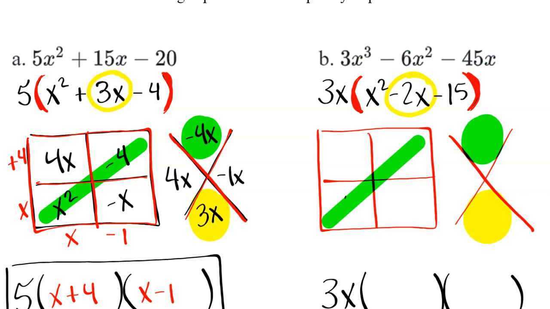Okay, and so we have x squared minus 15, which is negative 15x squared, and this is a minus 2x, and 3 and 5 get to 15. So we got negative 5x and a positive 3x. That would get us to negative 2, and negative 5 times 3 is negative 15.